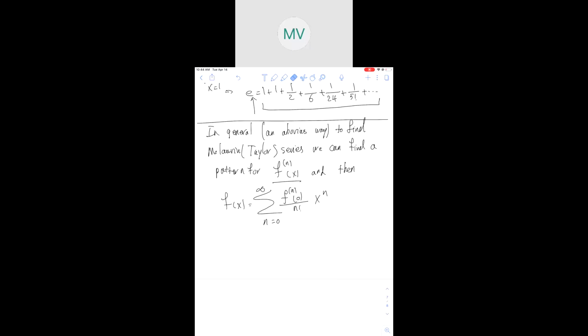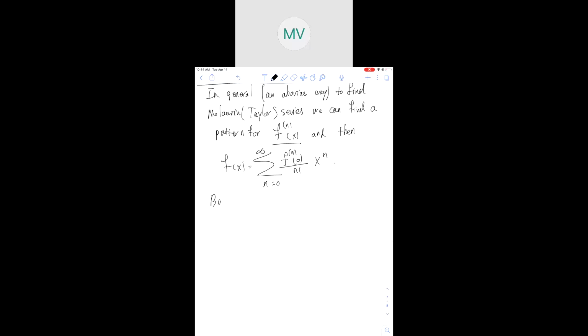Actually, let me just continue here. But using the Maclaurin series for elementary functions, for example, e to the x, sine of x, cosine of x, right? 1 over 1 minus x, tan inverse of x, and all these guys.